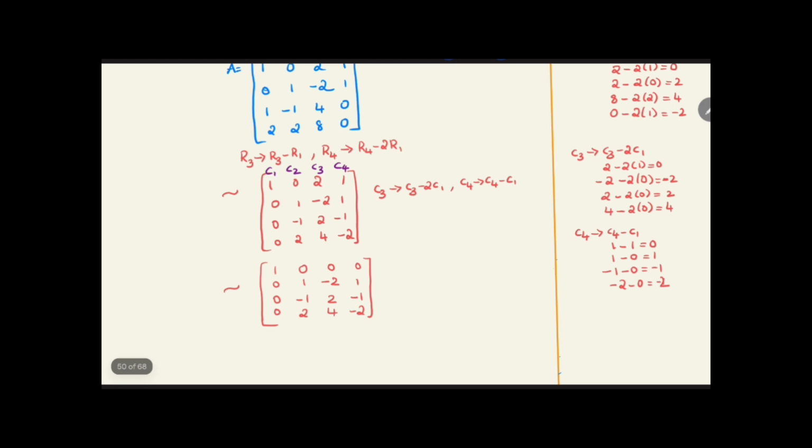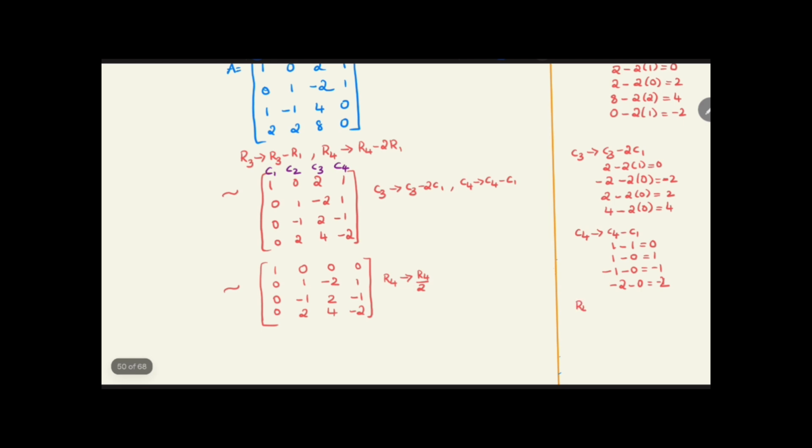But before that, if you can observe carefully, I can divide this fourth row. R4 implies R4 by 2.